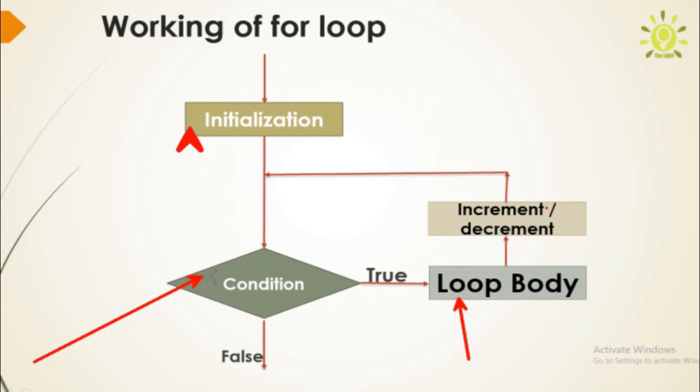Guys, increment or decrement actually increases or decreases the value of the counter variable, meaning it changes the value of the counter variable. Then again the condition will be evaluated. If it is true, then again control moves to the loop body. This process continues until the condition becomes false. If the condition becomes false, then the loop will be terminated.